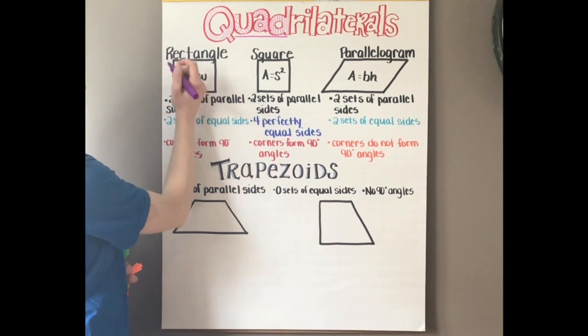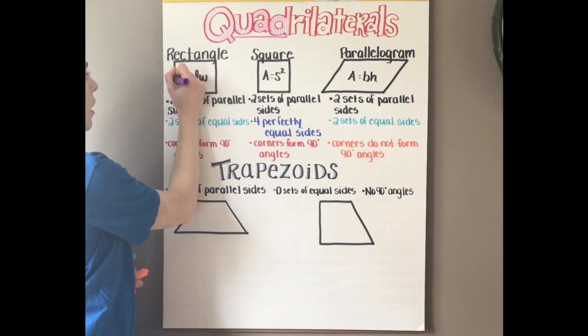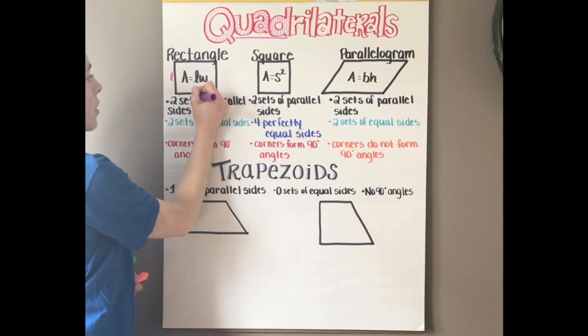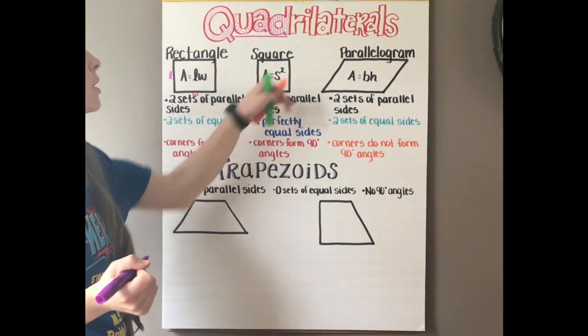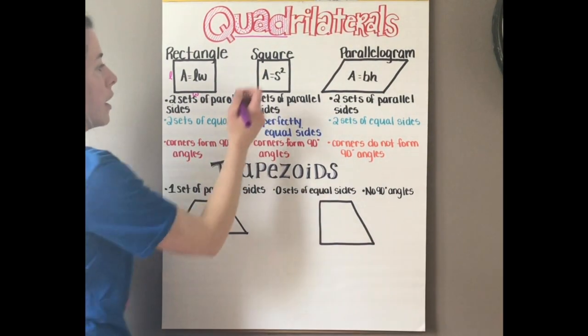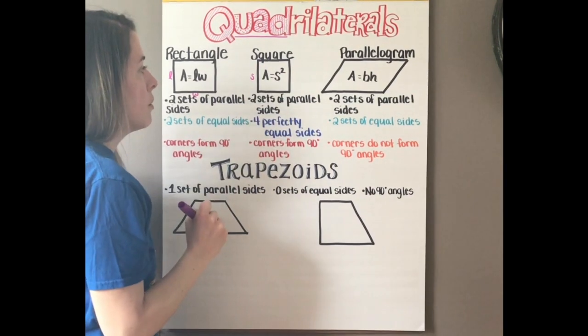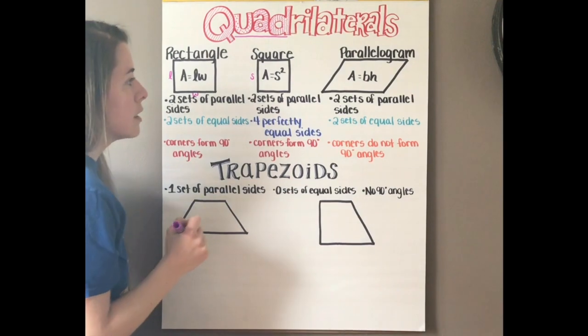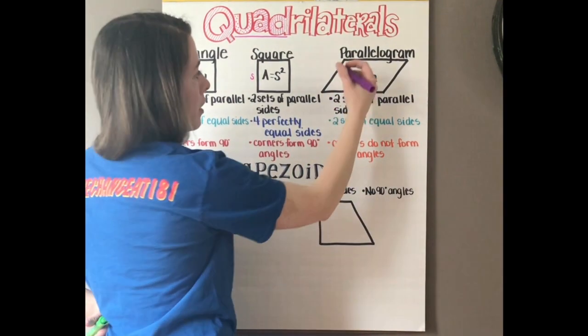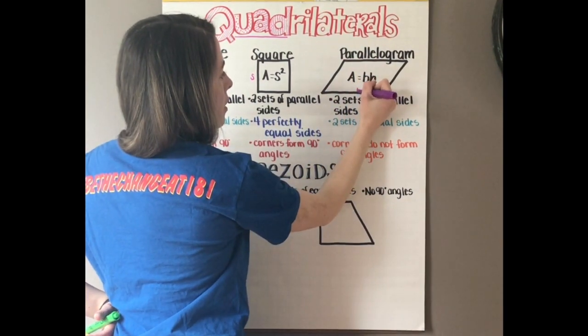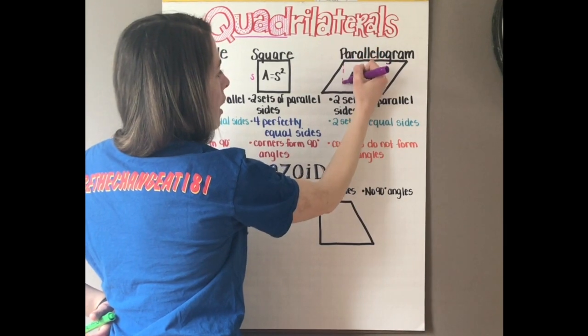We do that by multiplying the length times the width. Side squared for a square. Remember, all the sides are equal, so you just need one measurement and you're going to multiply it by itself. And then for a parallelogram, we did the base times the height.